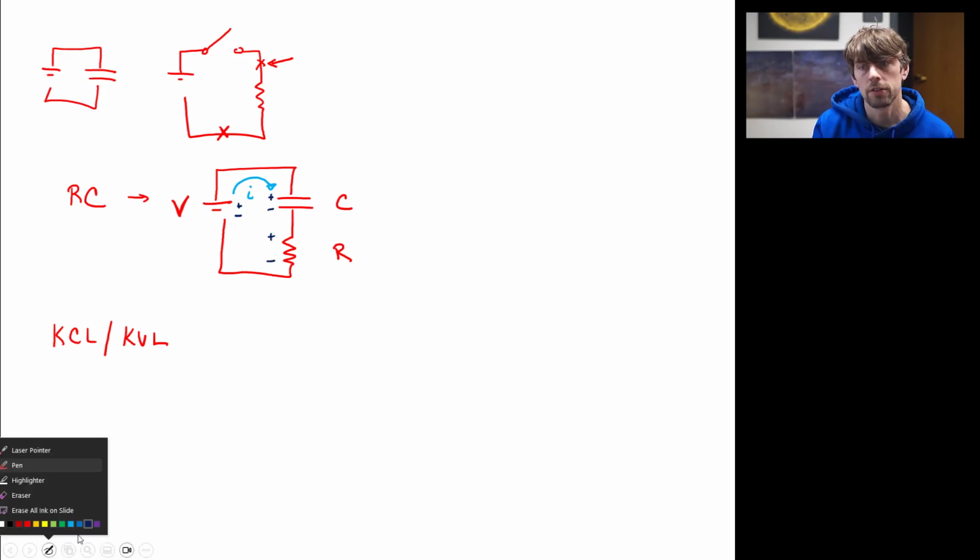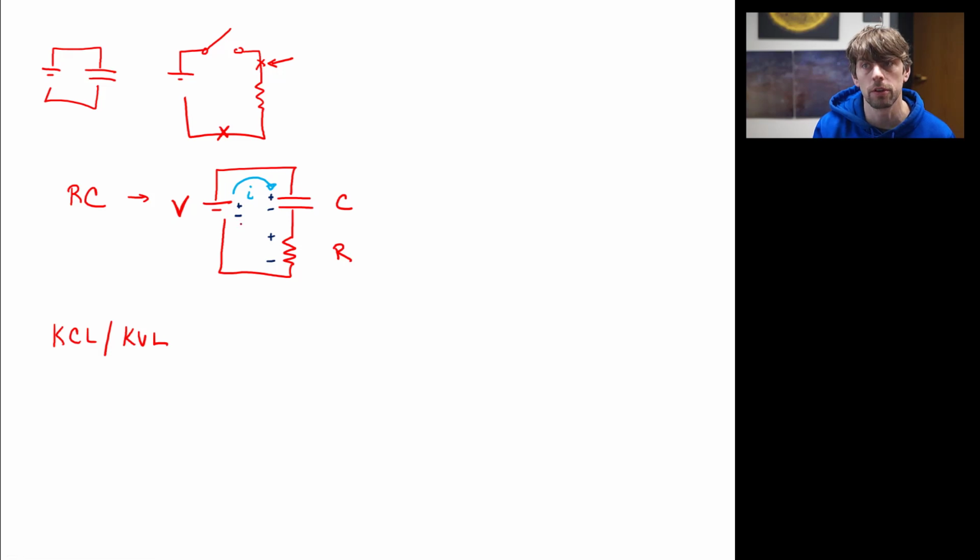Now we say we have one unknown, the current. And so now we need to simply apply Kirchhoff's laws until we have the required number of equations. Here, because we only have one current, we only need one equation. And we see that KCL won't do us any good because we don't have any junctions. And so KVL is how we'll have to approach this problem.